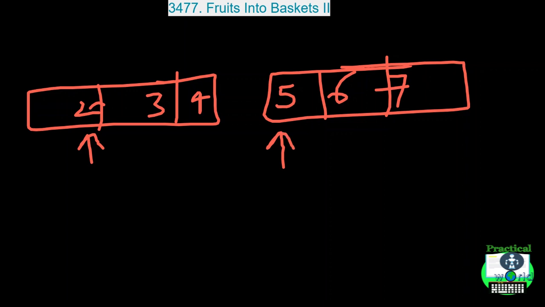If we look without the rule, we can, because here also the capacity is greater than 2, but the question already mentions that firstly we have to fill the leftmost available basket.